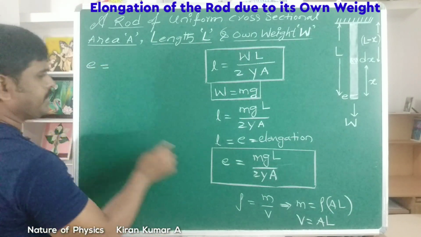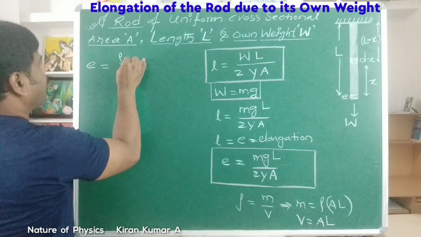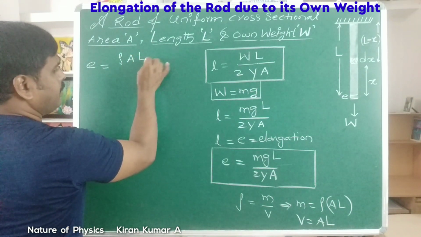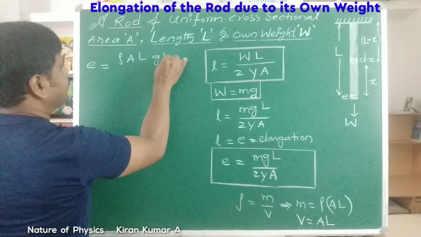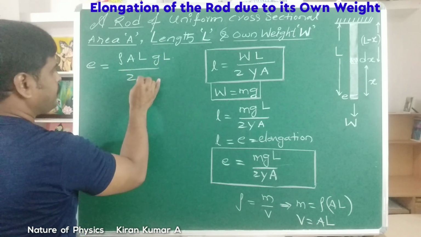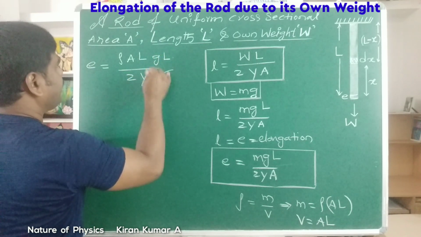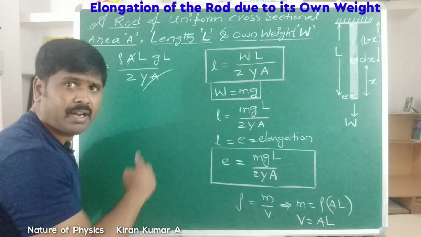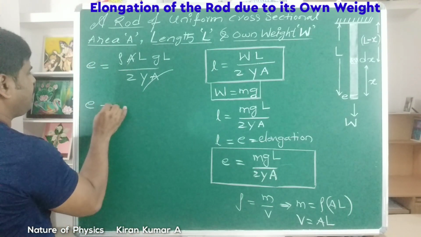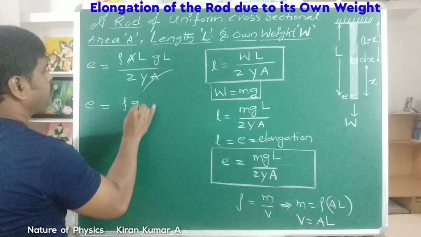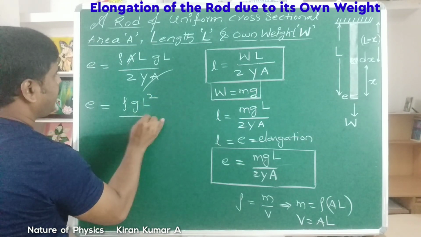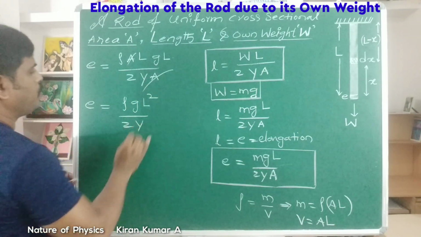So E is equal to rho AL into gL divided by 2YA. So here A and A get cancelled. So the elongation, the next equation, E is equal to rho g L square divided by 2Y.